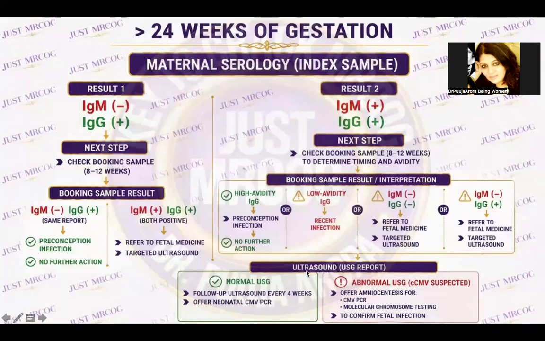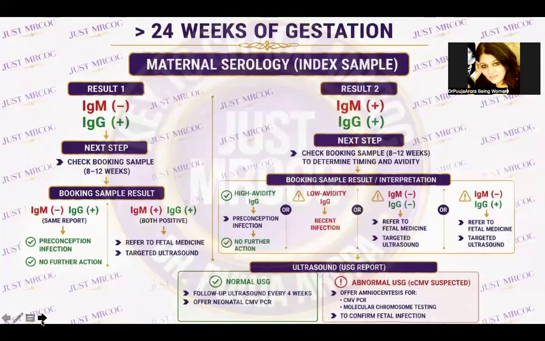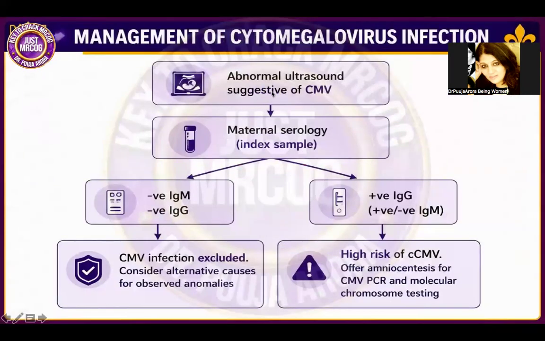Second, by chance, the test was not done and she was due for her routine scan, and the routine scan showed some abnormal ultrasound. So there are two things which you have to understand. This is by chance: you are performing a scan and then you find some signs which are suggestive of CMV, then you offer maternal serology, and then you are going to offer amniocentesis.